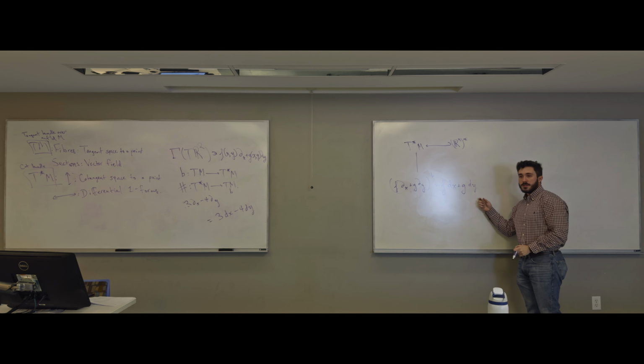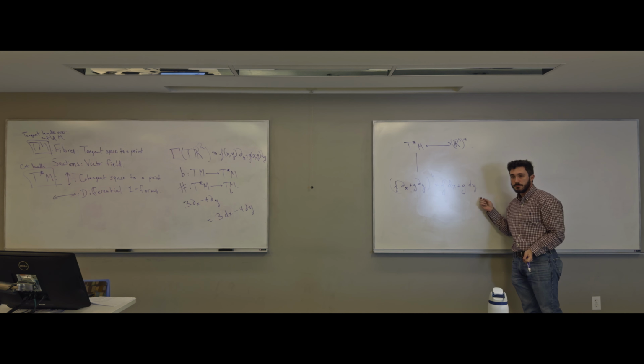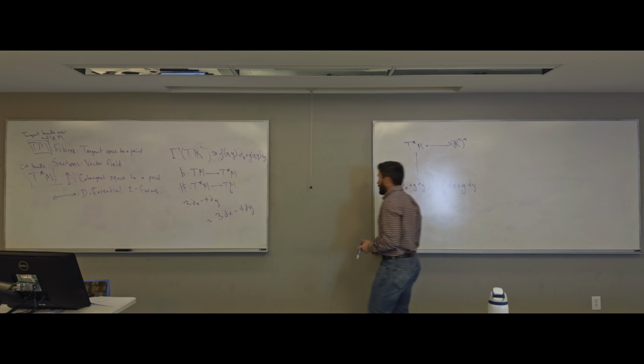These things, I'm just going to walk over the algebra, they eat tangent vectors and they spit out real numbers, because they're covectors in the cotangent spaces. Give me a tangent vector.